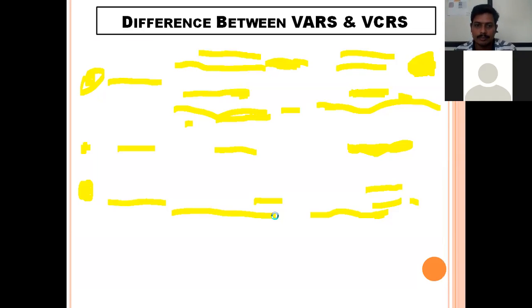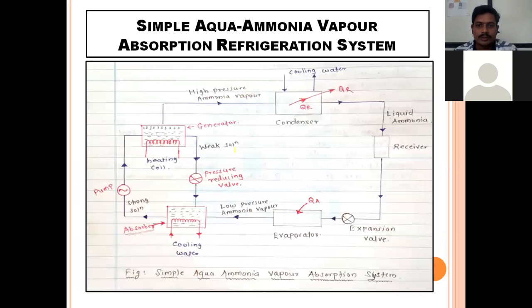If you take the example, if the load inside the evaporator is very less, then by controlling the amount of heat supplied to the generator, I can control how much mass of refrigerant I am circulating through the system.